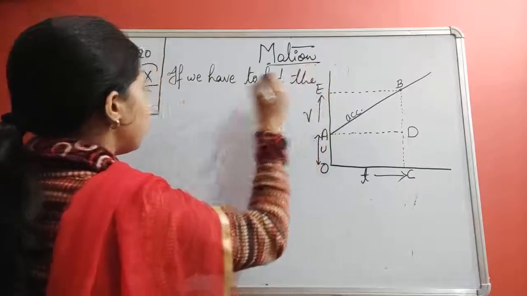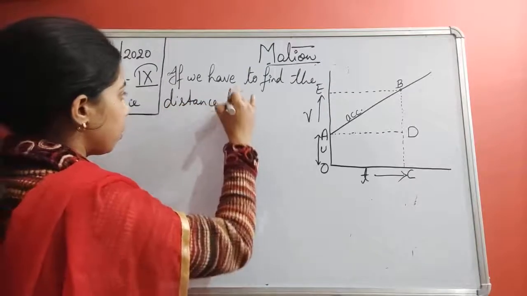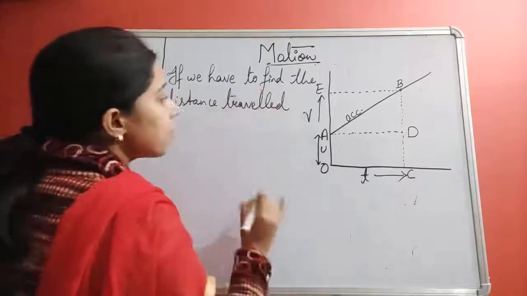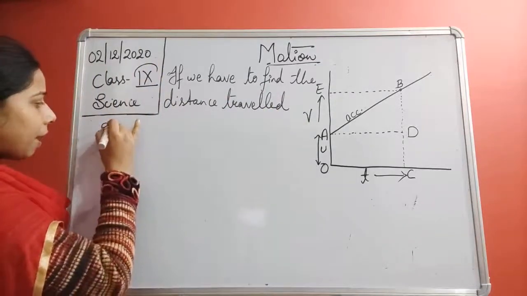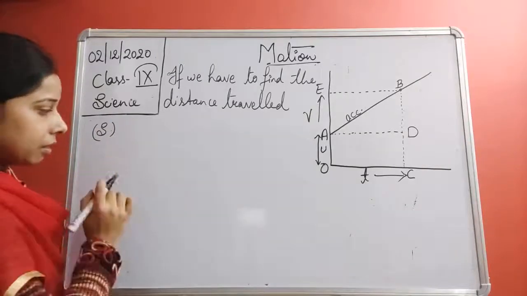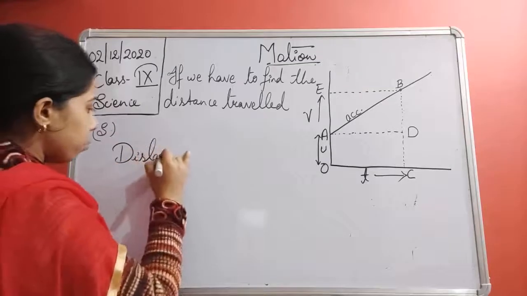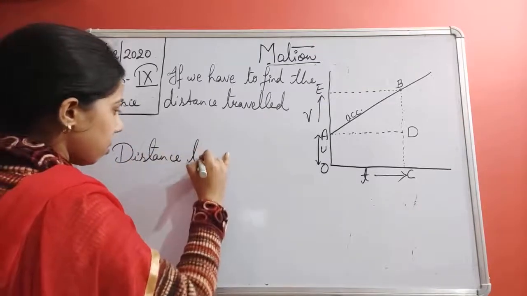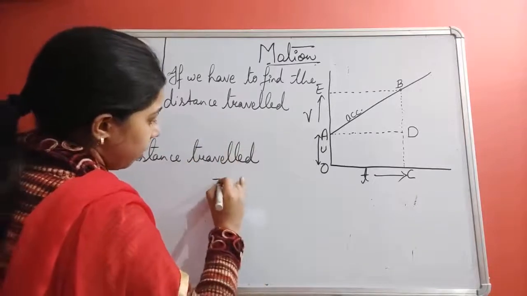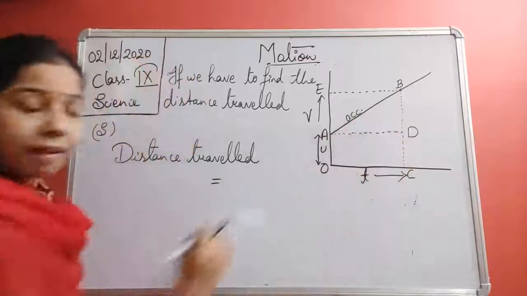Distance traveled is represented by S. So if we have to find S, we know that the distance traveled will be equal to the area of this graph.